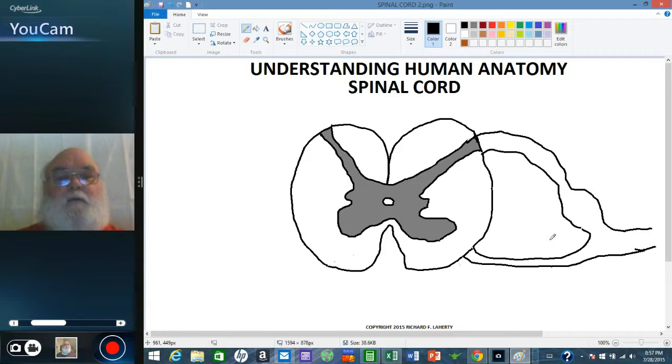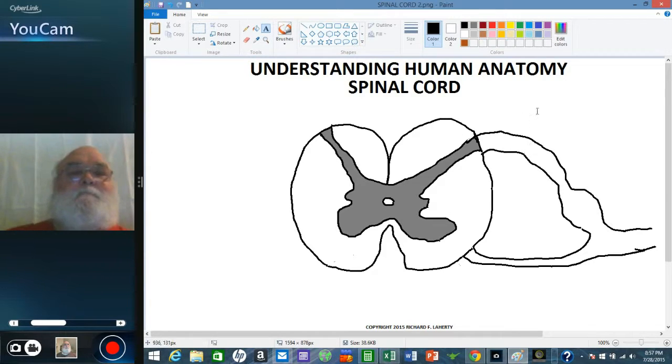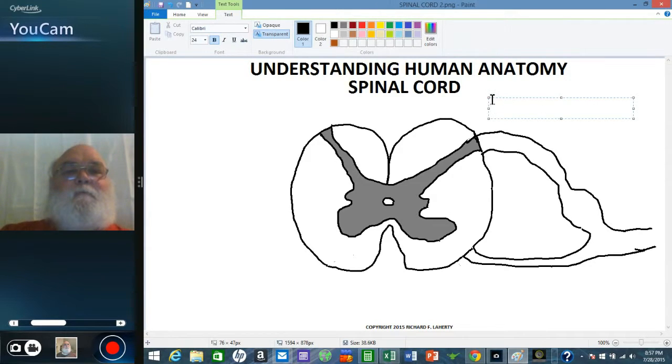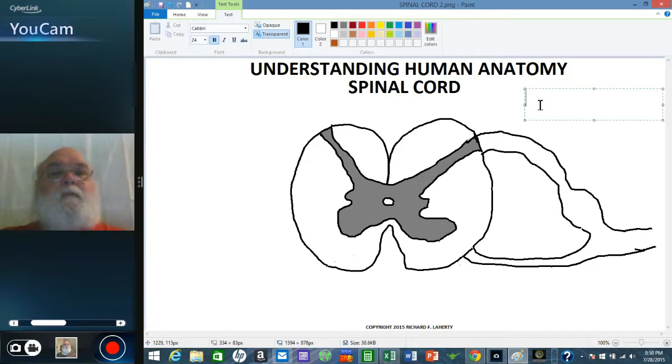So let me put some labels in here. This is the dorsal root.